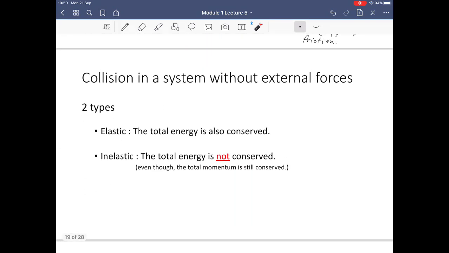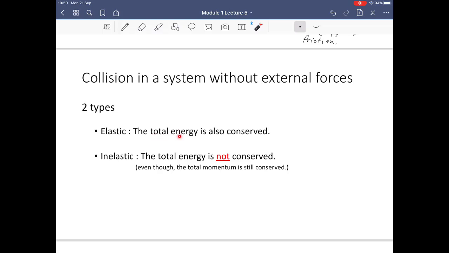So that is about the conservation of momentum. Let's talk about collision. We used collision as an example of conservation of momentum before, so now we will analyze this case in more detail. There are two kinds of collisions that we normally talk about: elastic collision and inelastic collision. What is the difference between the two?